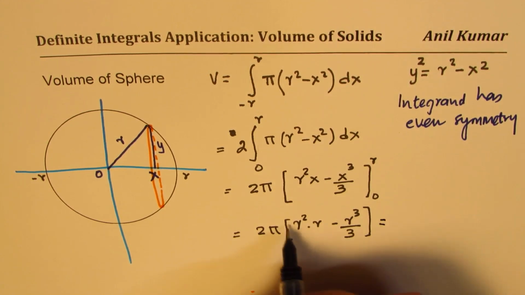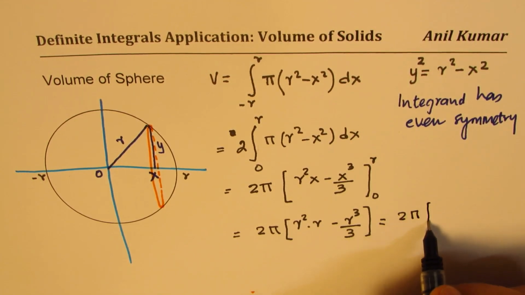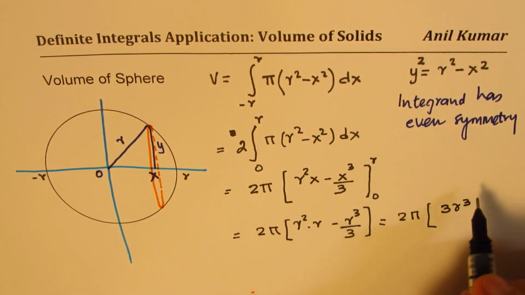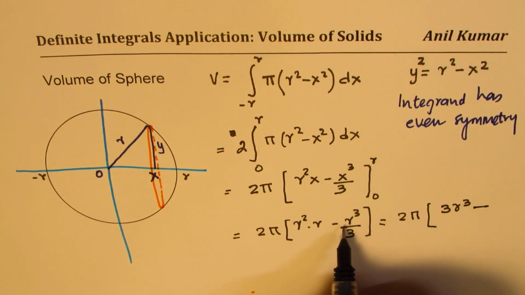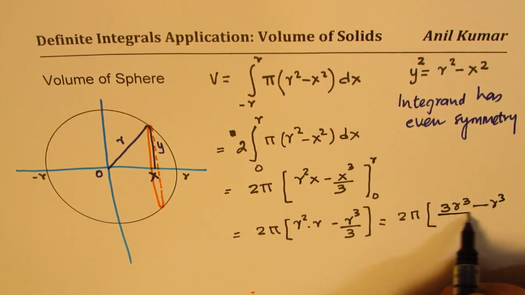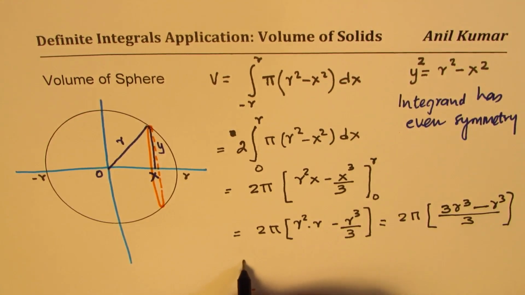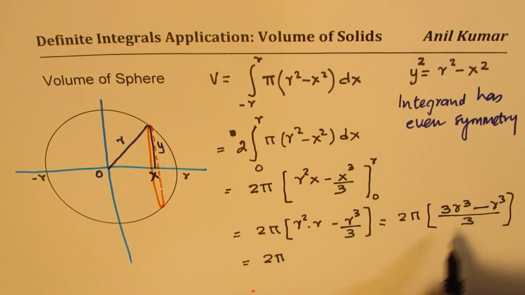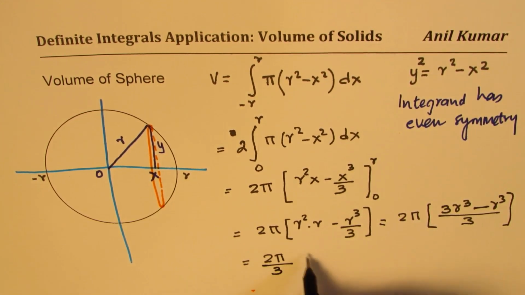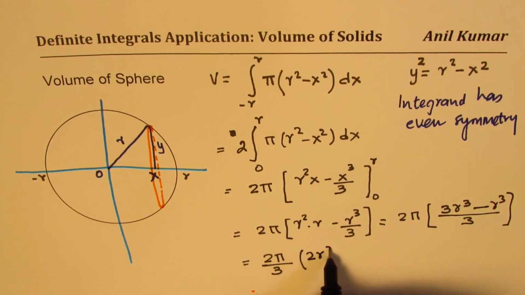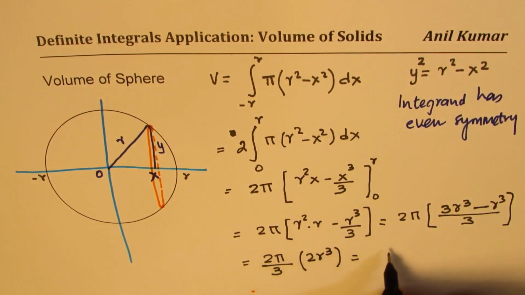If you calculate this, you get 2 pi times (3r cubed over 3 minus r cubed over 3). 3 minus 1 is 2, so we get 2 pi by 3, and in the bracket we have 2 r cubed, which multiplying gives 4 pi r cubed over 3.